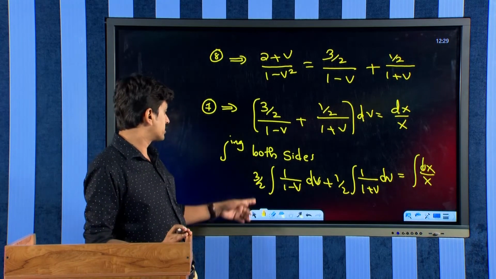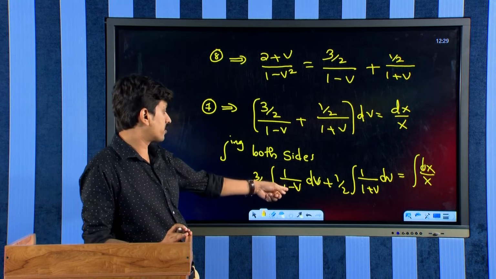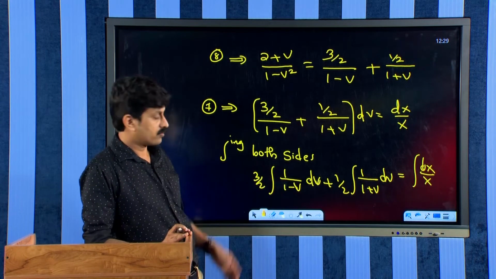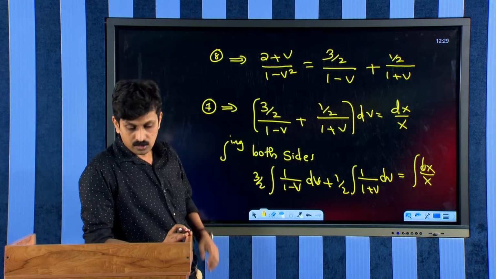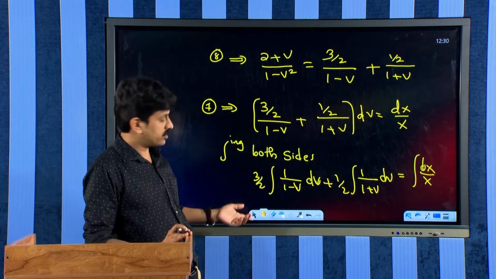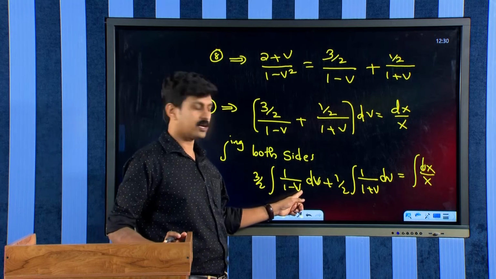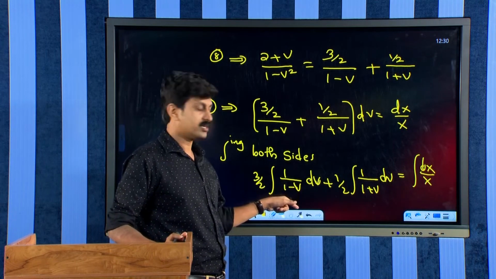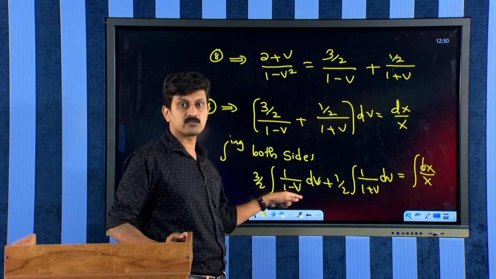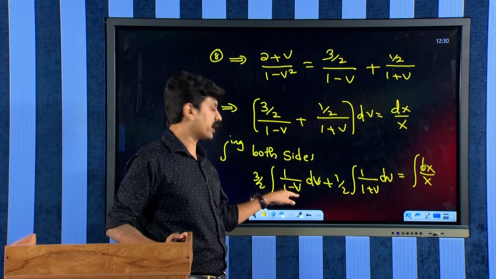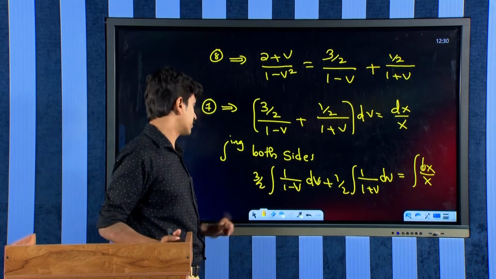See, for 1 by 1 minus v, if we put u is equal to 1 minus v, du is equal to minus dv. Therefore, minus 3 by 2.